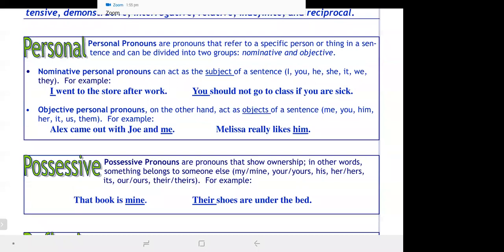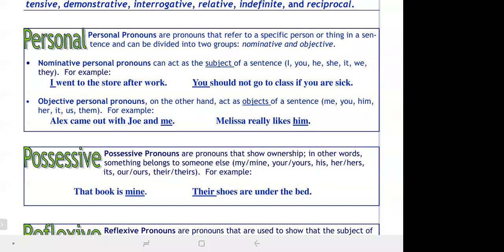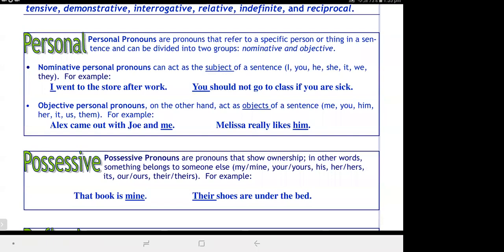Him is for he, her is for she, it is for it, the same as you. It doesn't change when it is an object or subject pronoun. And us is for we, and finally them is for they.